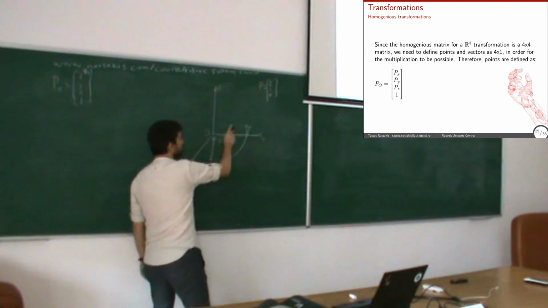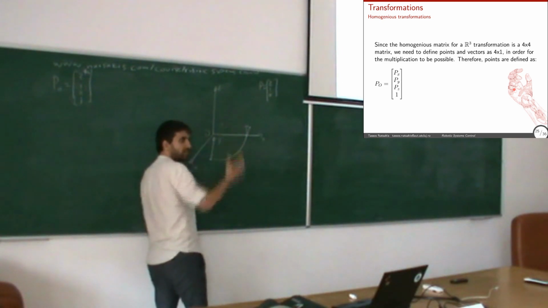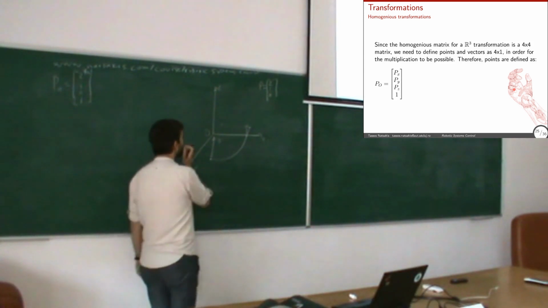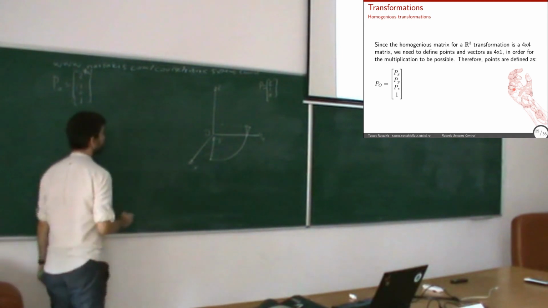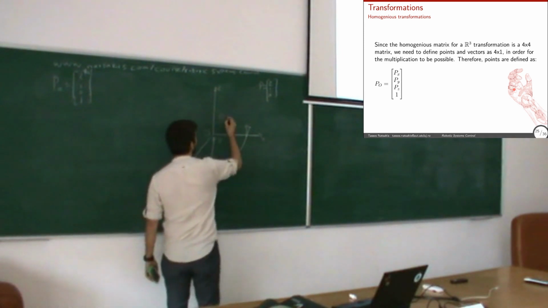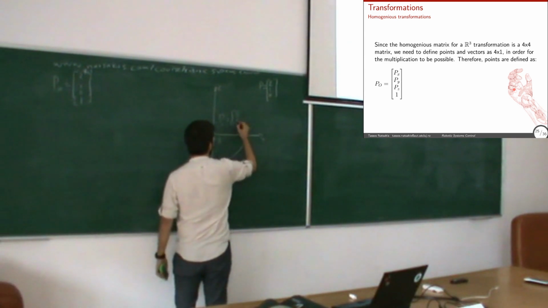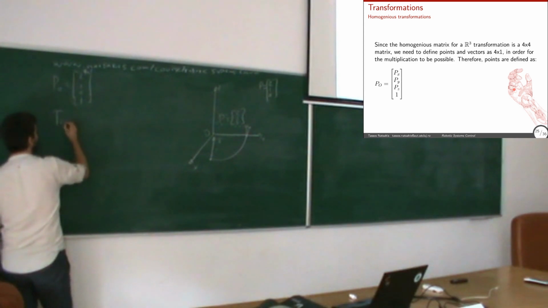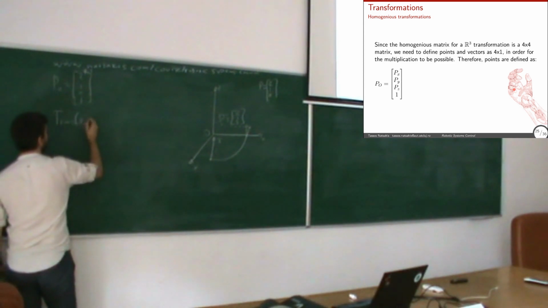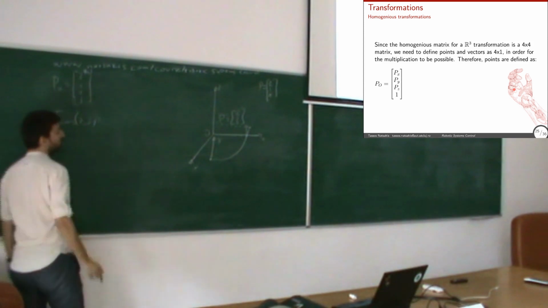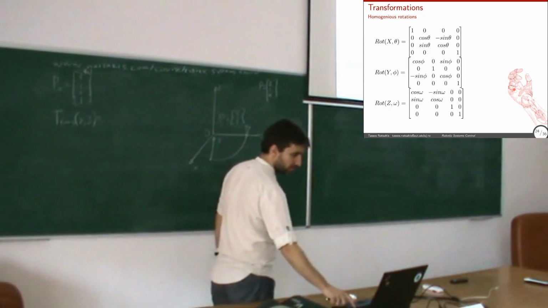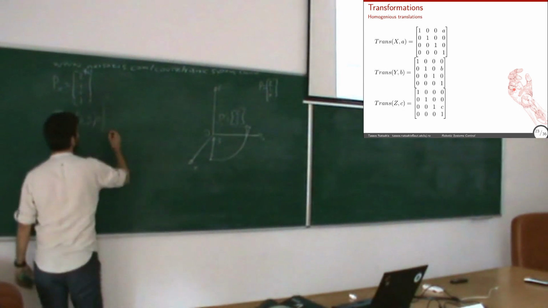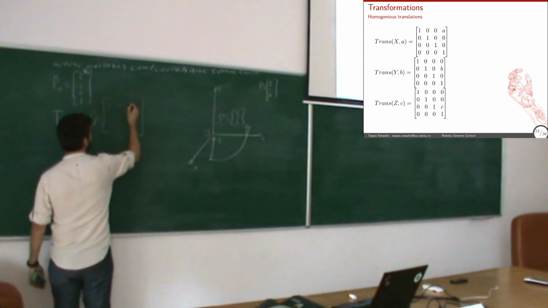The point 2, 1, 0. If I push along the Z direction by 3, 2, 1, 3. Yes, 2, 1, 3 is the expected result. Let's see. So the translation along Z by 3, which matrix is it? It will be a matrix that looks like this, right?